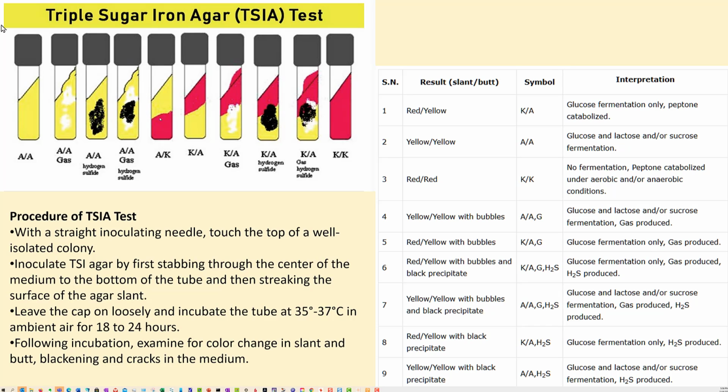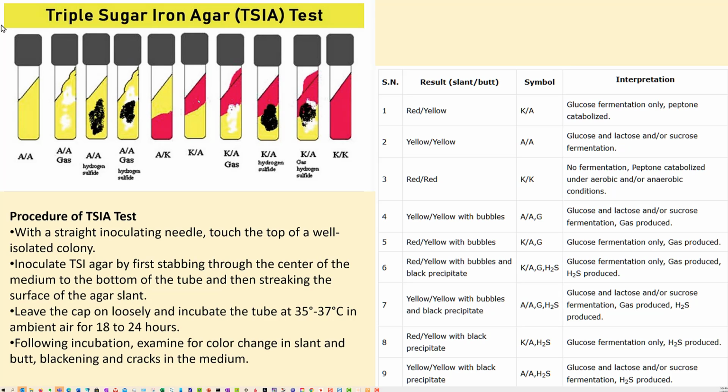AK: the reddish color, where the media indicator is not showing the presence of an acid at the top, so we see the yellow and then red. So the top is yellow, and we refer to the red on these tubes as K, so it's an AK, and this tube is a KA.